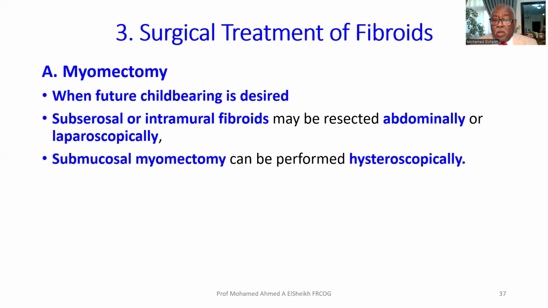Submucosal myomectomy can be performed hysteroscopically. So you can do the minimally invasive surgery either through the laparoscope for intramural or subserosal fibroids, or we can do it through the hysteroscope for submucous fibroids.